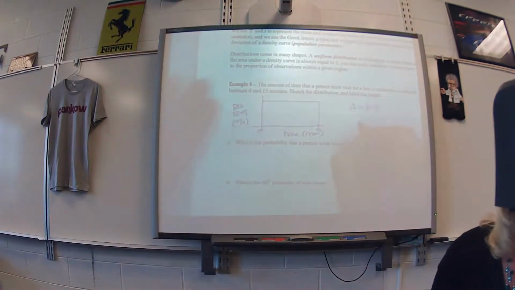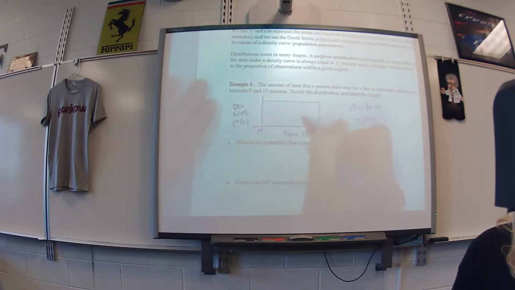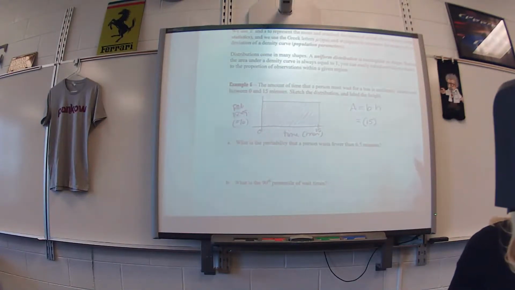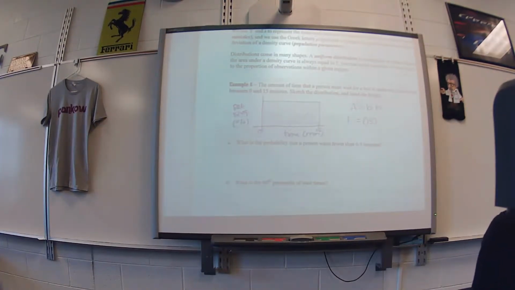And the area, because this is a uniform distribution, how big is this area? It's got to be 100%, but I'm going to call it 1 to represent the 1.0, which is the same as 100%.